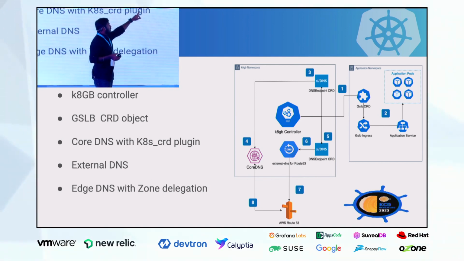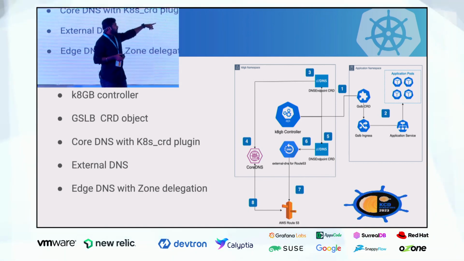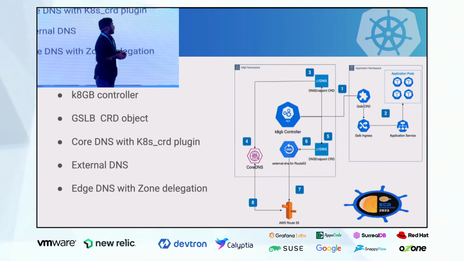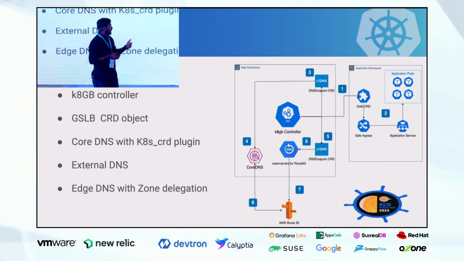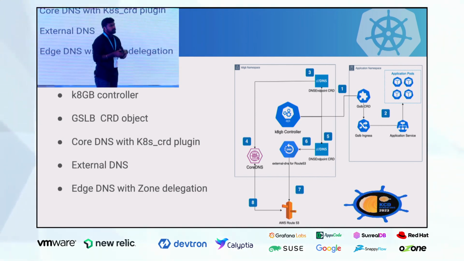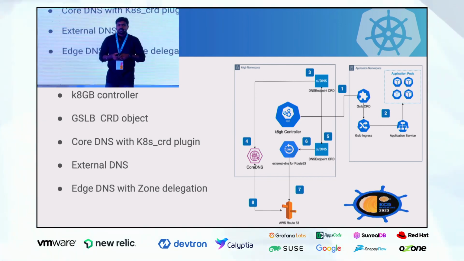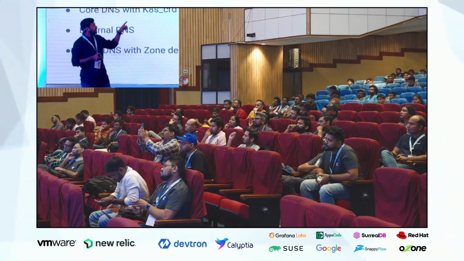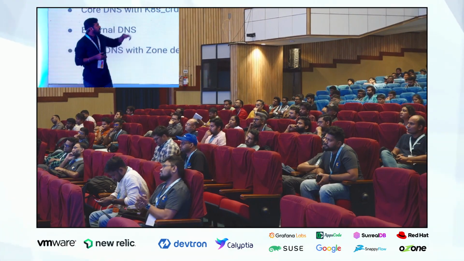Along with the KGB controller, it uses two more components. One is CoreDNS. In the KGB namespace, it installs a CoreDNS instance as well, with a plugin that can read the endpoints from the DNS endpoint CRD.